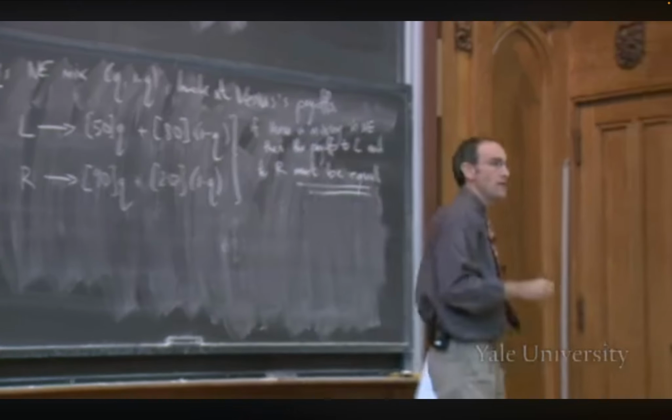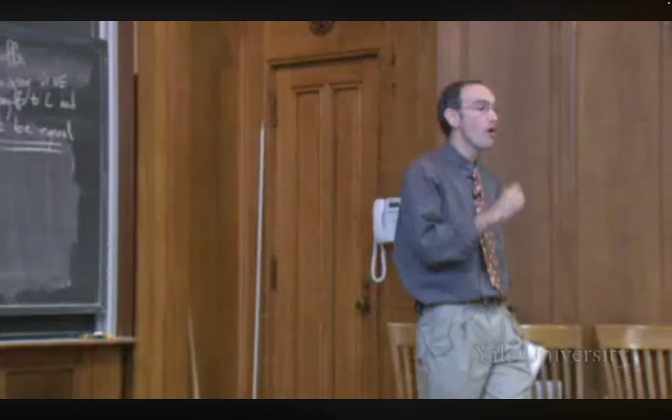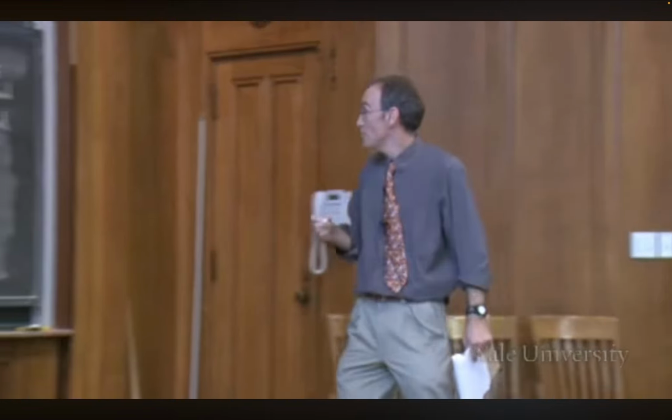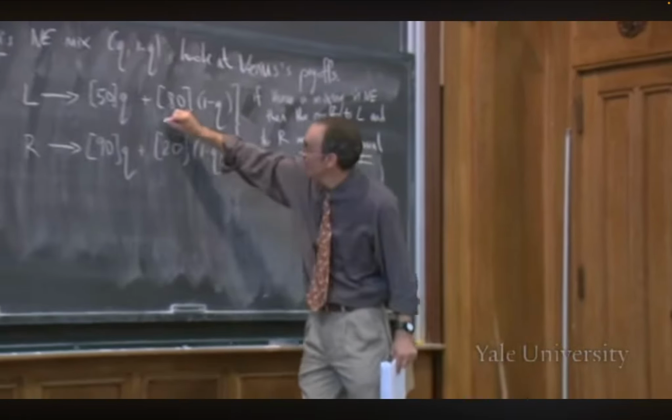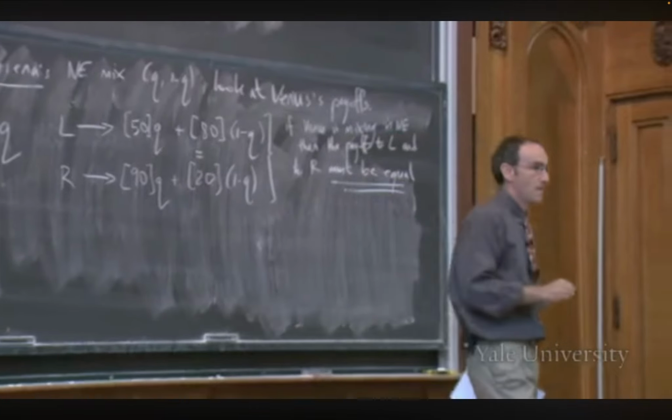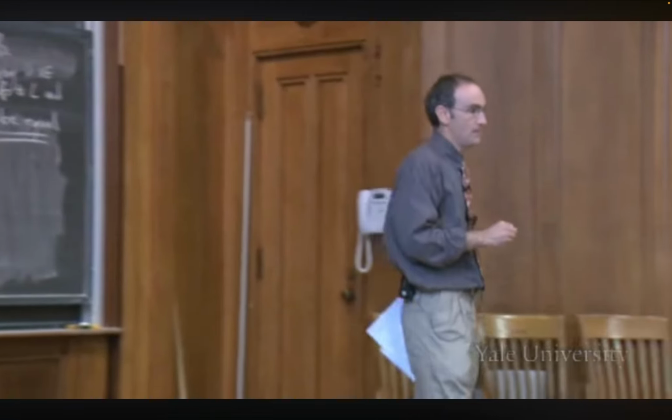Both left and right must be a best response. So in particular, the expected payoffs must be the same. Is that correct? Okay, so what does that allow me to do? It allows me to put an equal sign in here.